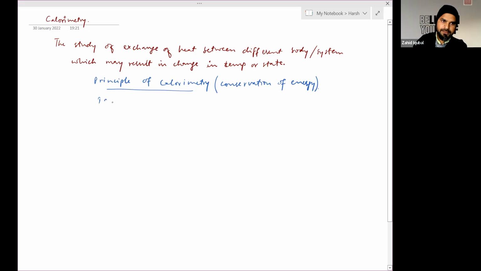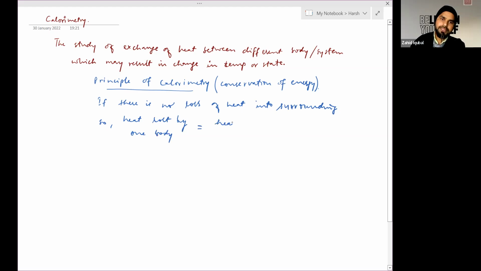So you'll say, if there is no loss of heat into surrounding, so heat lost by one body must equal heat gained by the other.